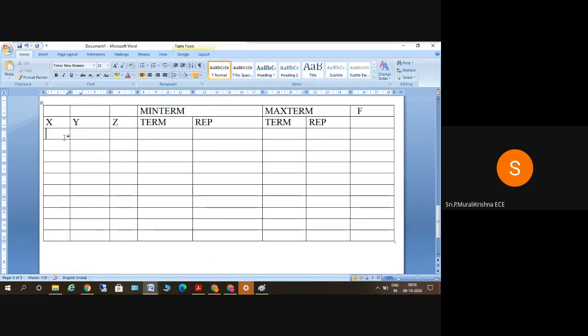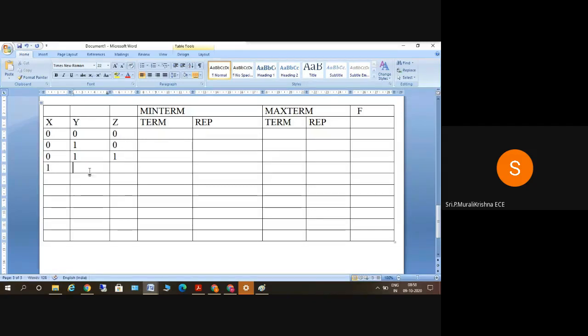Okay, so with 3 inputs, we'll have 8 combinations: 0, 0, 0. Then 0, 0, 1 (sorry, I forgot 0, 0, 1 here). Then 0, 1, 0, and 0, 1, 1.